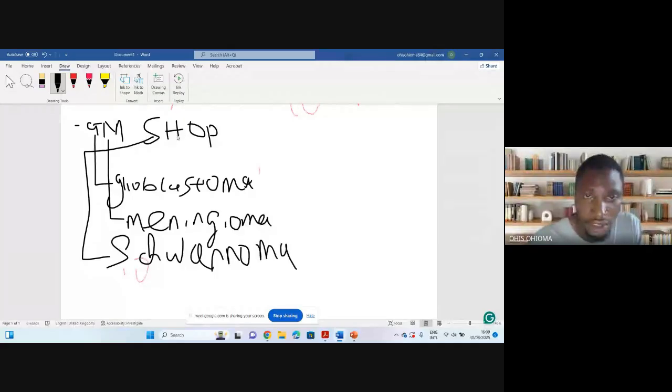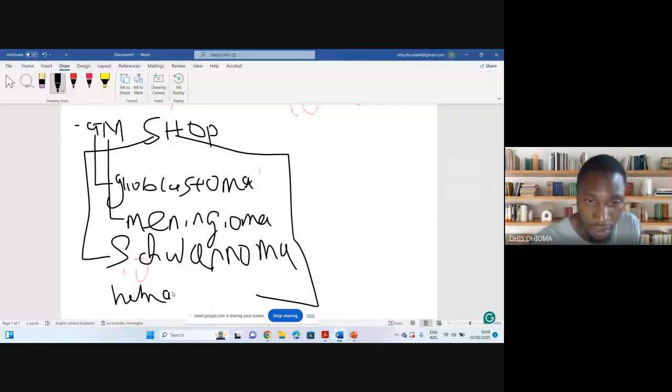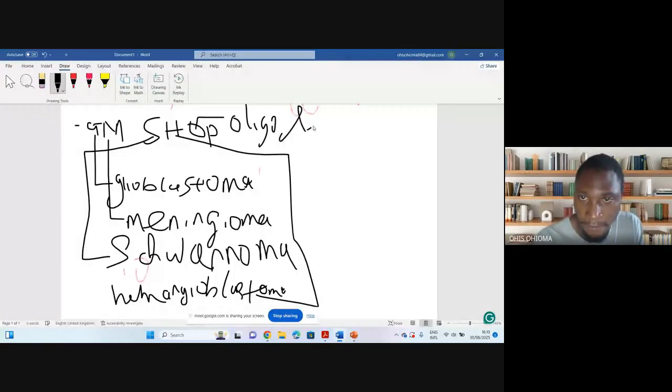The H stands for hemangioblastoma, so hemangio, like a blood tumor that affects majorly blood vessels. The O stands for oligodendroglioma. And then the P stands for pituitary adenoma.